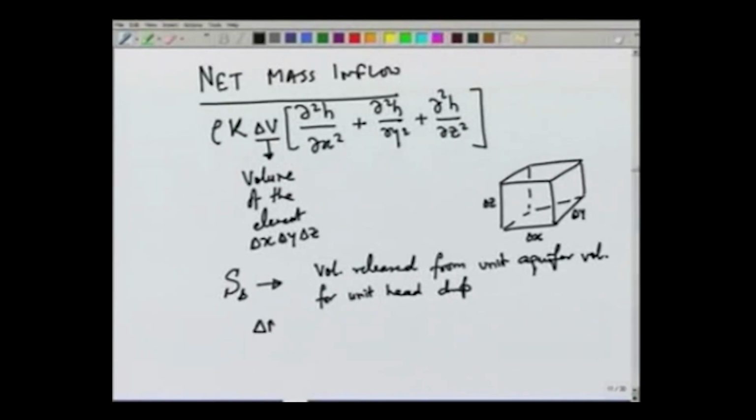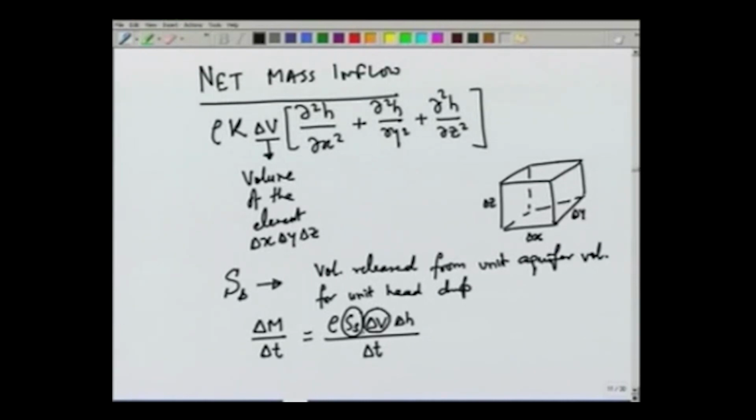So, if we want to find out what is the volume of water released from this elemental volume for a head drop of delta H, we can write an equation which tells us that the mass released per unit time from this elementary volume can be written as rho Ss delta V delta H over delta T. And the way we write this expression is that Ss is for a unit volume, therefore, we have to multiply by the volume of the element.